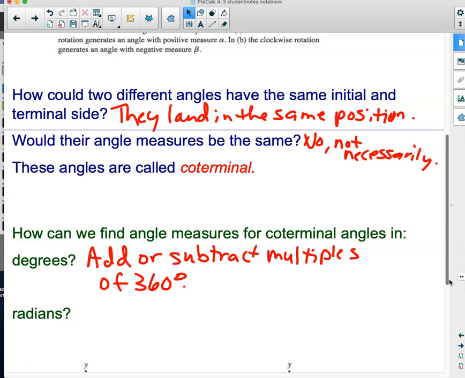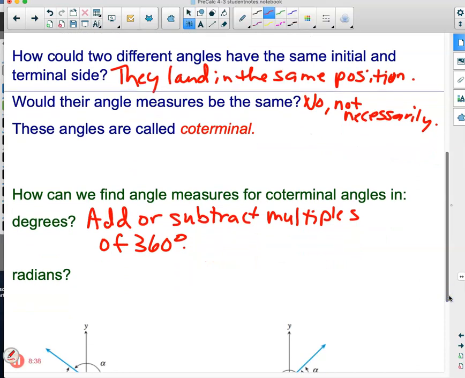But we can't use 360 degrees when we're studying these in radians, so somebody unmute please and tell us what we have to do to figure it out in radians. Add or subtract multiples of 2 pi. Exactly.